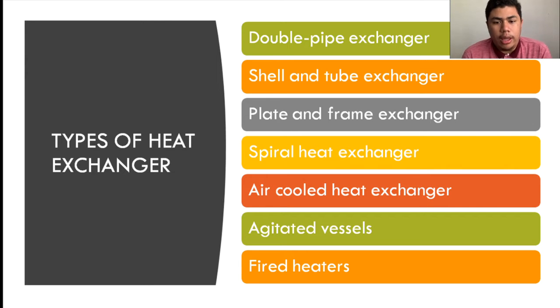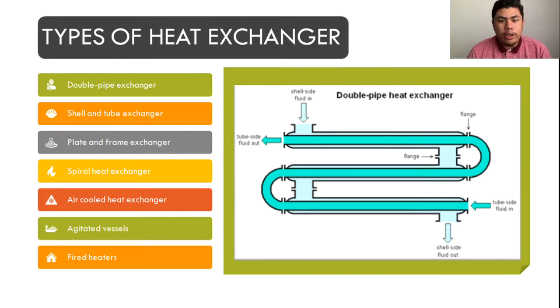Sixth is the agitated vessel, and lastly is fired heaters. Next I will explain 3 heat exchangers, which are the double pipe exchanger, the shell and tube exchanger, and the plate and frame exchanger. Okay, firstly we will go to the double pipe heat exchanger.